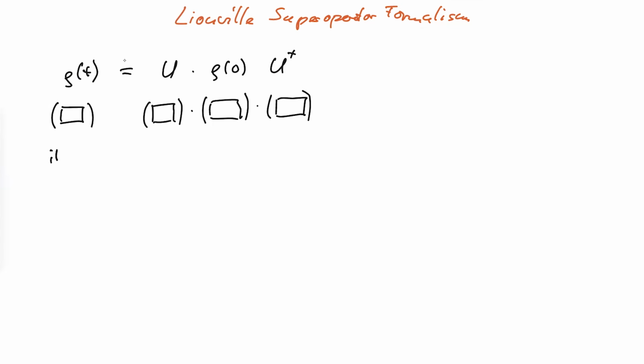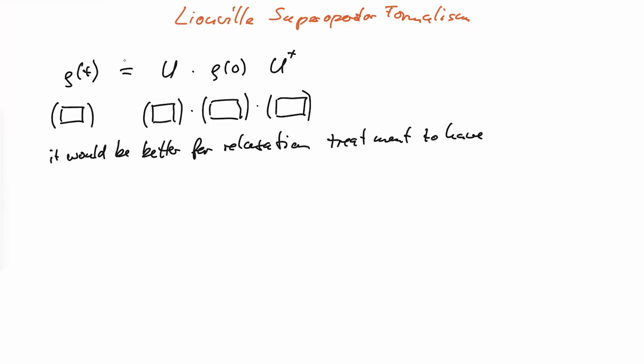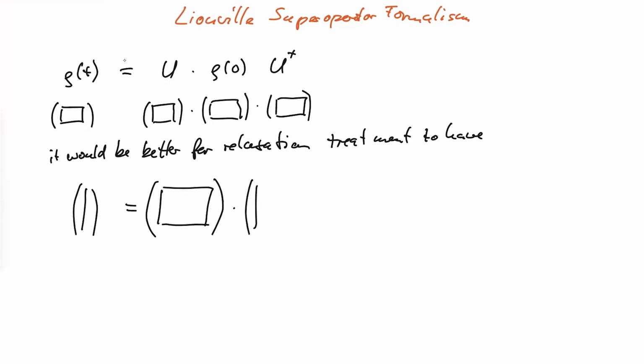So it would be better for relaxation treatment to have a vector that is simply the square matrix times a vector.